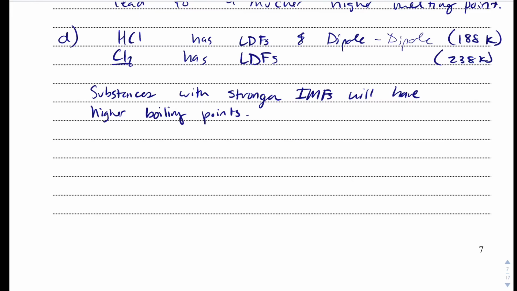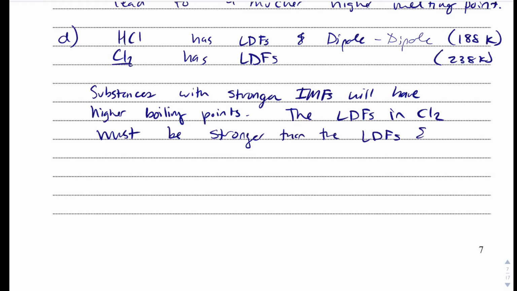So substances with stronger IMFs will have higher boiling points. Cl2 must, or let me say it this way, the LDFs in Cl2 must be stronger than the LDFs and dipole-dipole in HCl.